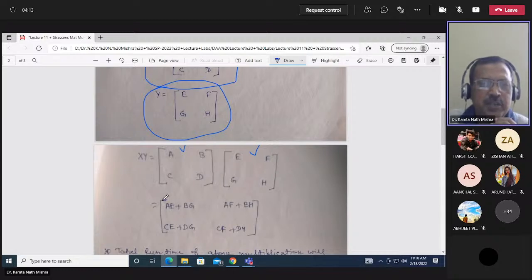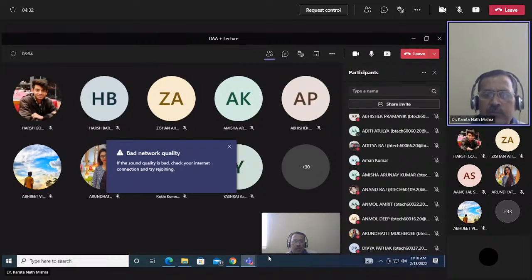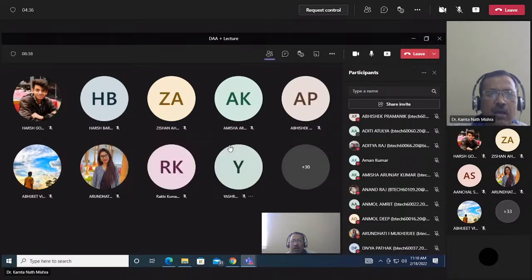If you see this multiplication, how many multiplications are there in total? Can someone tell? Amisha, Arunya Kumar, how many multiplications?